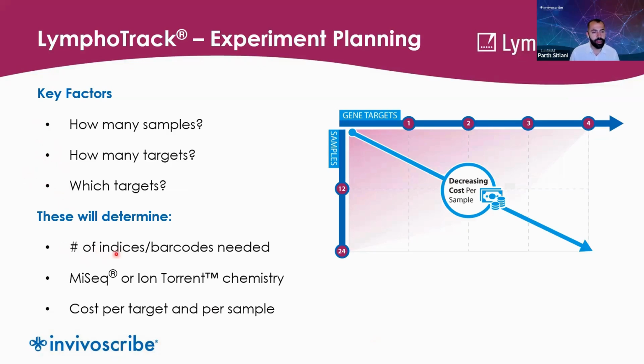And that helps to determine the number of indexes you would need, whether it's the 8 or the 12 or the 24 index set, which chemistry you might want to use, and which of the sub-chemistries, for example, XLEAP on Illumina, long read sequencing on MiSeq, or short read sequencing on NextSeq, for example. And all of that really comes down to the most important part of this, which is what is your cost per target and per sample. And as this graph will tell you, your cost per sample will always decrease as you increase the amount of targets and increase the amount of samples that you test.